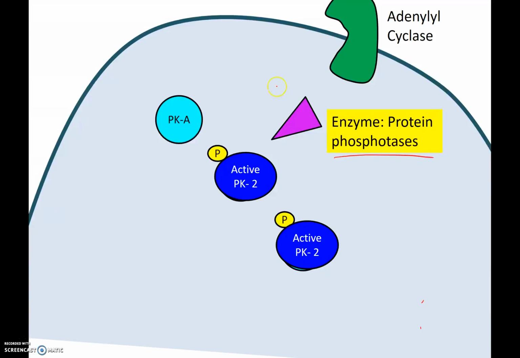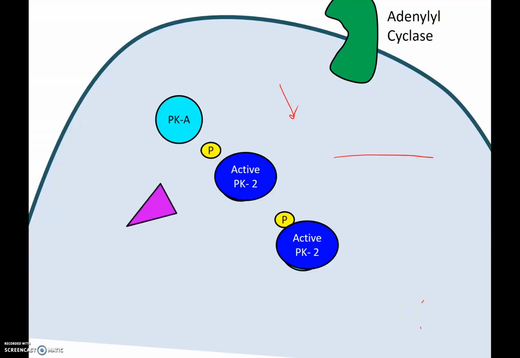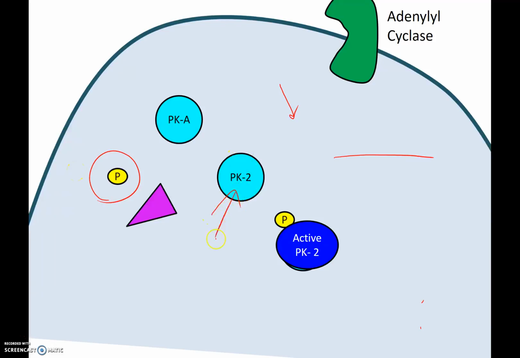This enzyme is going to basically break off that phosphate group, most likely by hydrolysis to break the bonds. When the protein phosphatase removes the phosphate, so you can see right here that phosphate has been removed, this protein, PK2, is going to go through a conformational change in shape and go back to its inactive form.